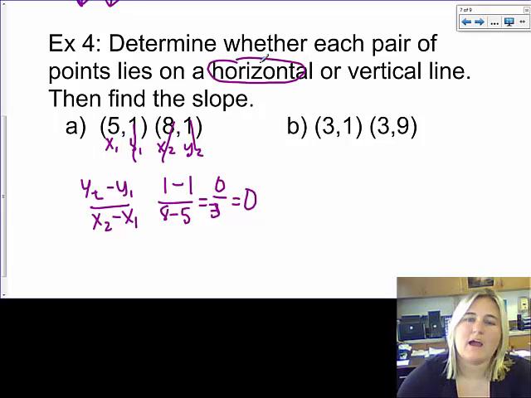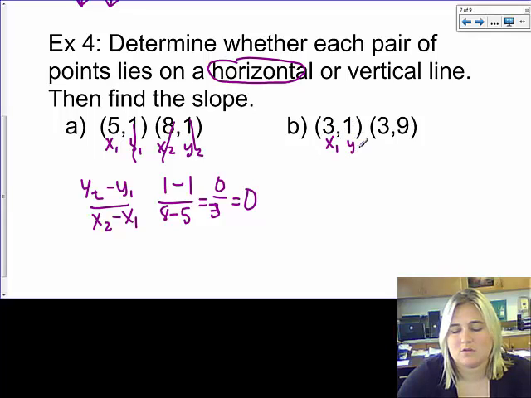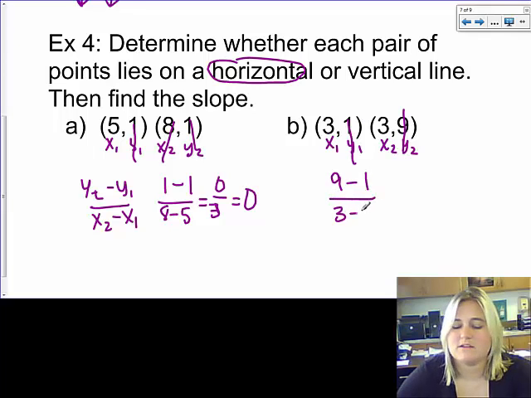So what kind of a line has a slope of 0? I hope that you remember that was a horizontal line. Okay. Now on B, I'm going to prove to you why a vertical line has an undefined slope. I have my x sub 1, y sub 1, x sub 2, y sub 2, and I'm going to plug them into my equation. I'm not going to rewrite it. So I have 9 minus y sub 1, excuse me, so 1 over 3 minus 3.